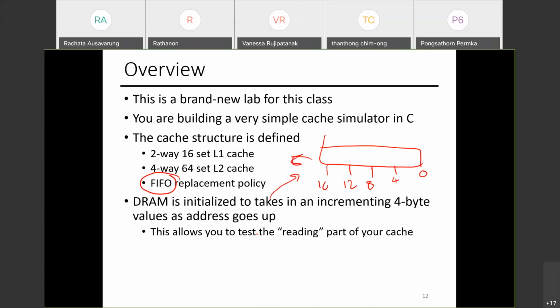The values here will be 0, 1, 2, 3, 4, 5, going onward. Basically, it's 4 bytes of information starting from 0 at address 0 and going from there: 0, 1, 2, 3, 4, 5, 6, 7, 8, 9, 10 until the end of my DRAM. All right.